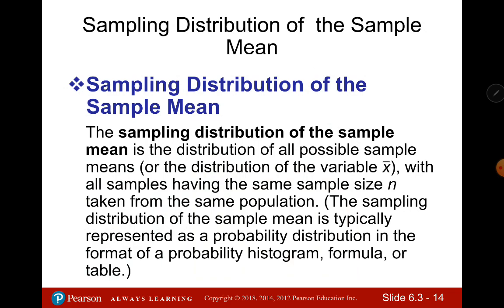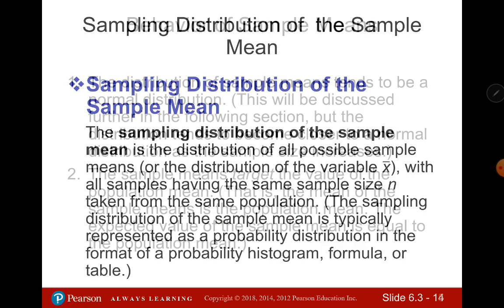So the second topic is about the sampling distribution of x-bars, the sample means. It's very similar to the proportion. From the same population, with the same sample size, we always have this rule: all the x-bars follow a normal distribution, and the mean of all the x-bars is just the mean of the population.